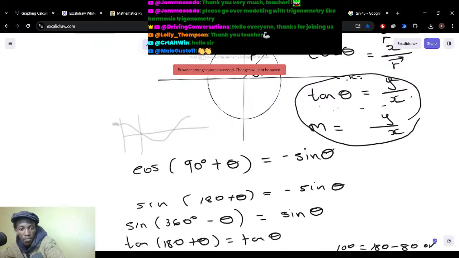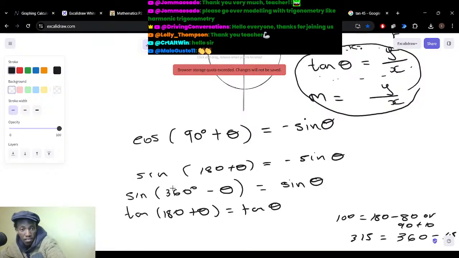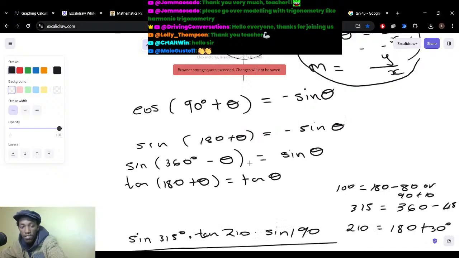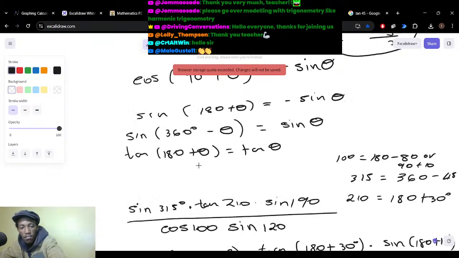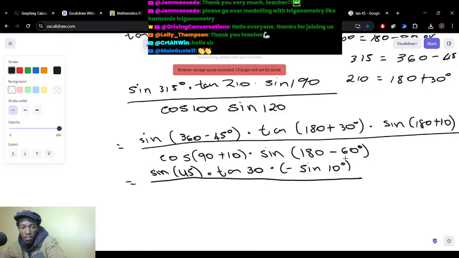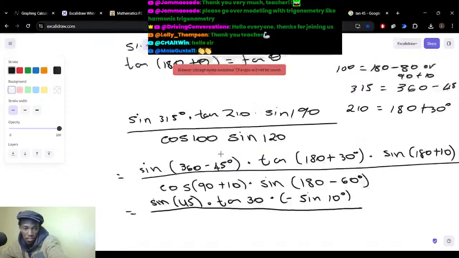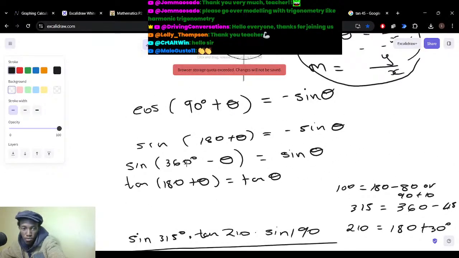You see, when you understand the graphical interpretation of a trigonometric function, you can easily deduce the reductions by simply shifting your x-axis, your y-axis, according to your standard angles, whether 90, 360, 180 degrees.